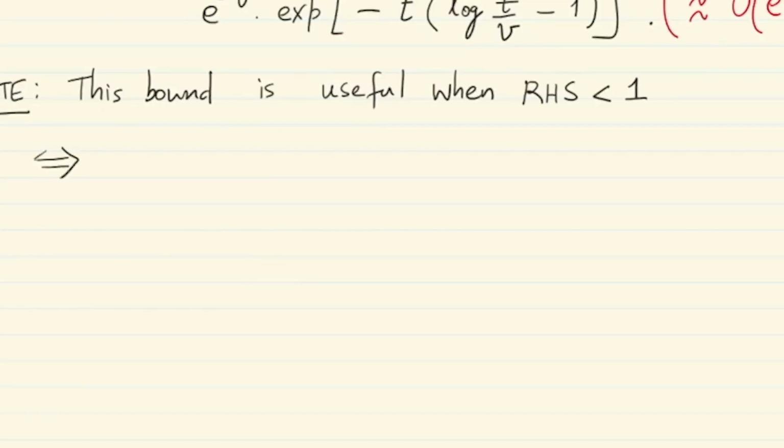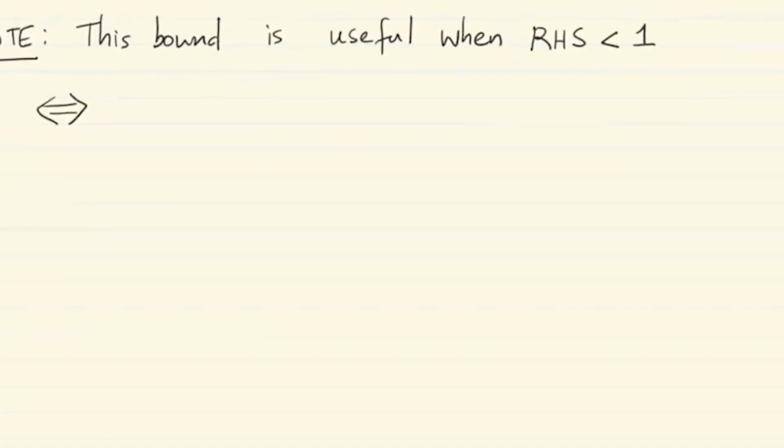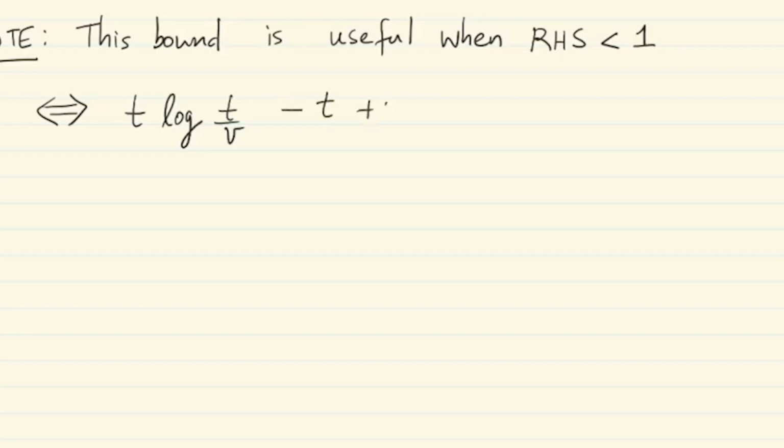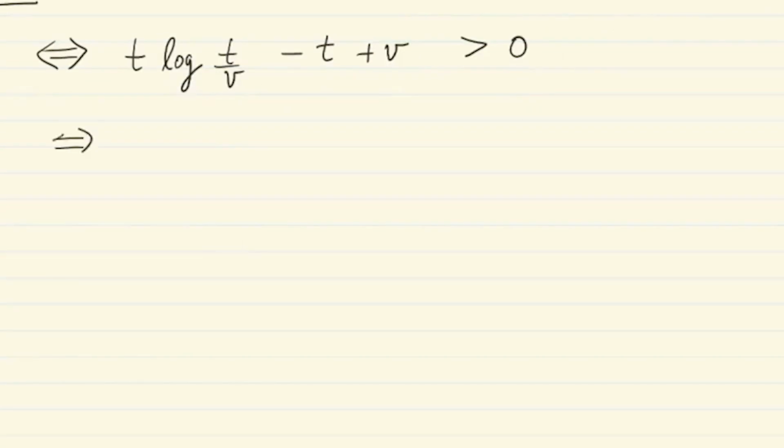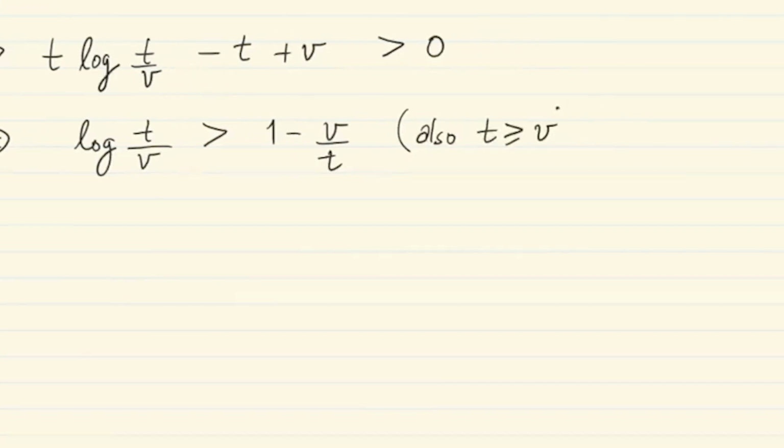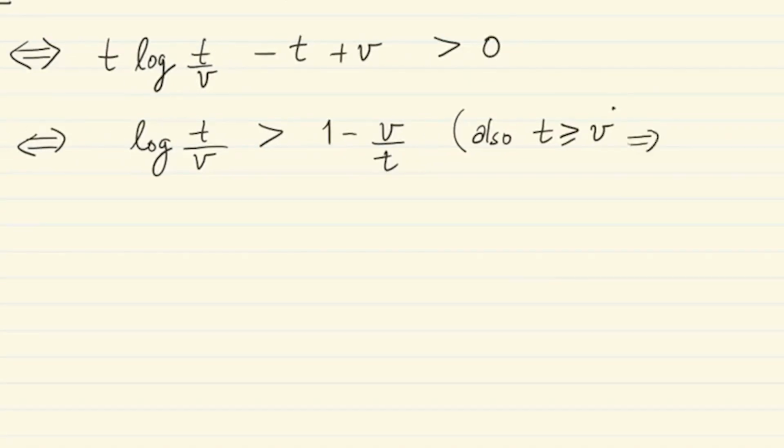This is the same as saying that t times log t by v minus t plus v is larger than 0, which in turn means that log t by v is larger than 1 minus v by t. Note that we've also assumed that t is larger than or equal to v, which is the same as saying that t over v is at least 1.